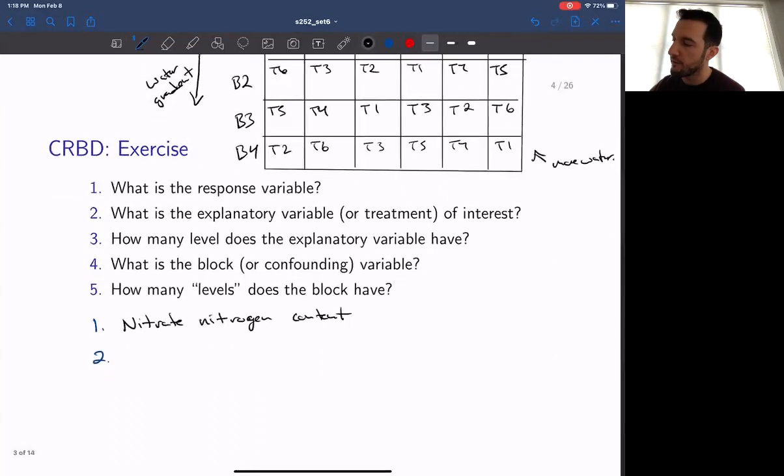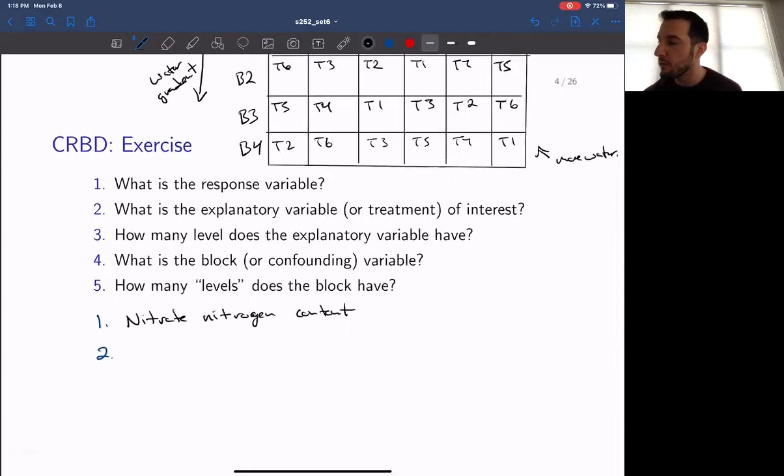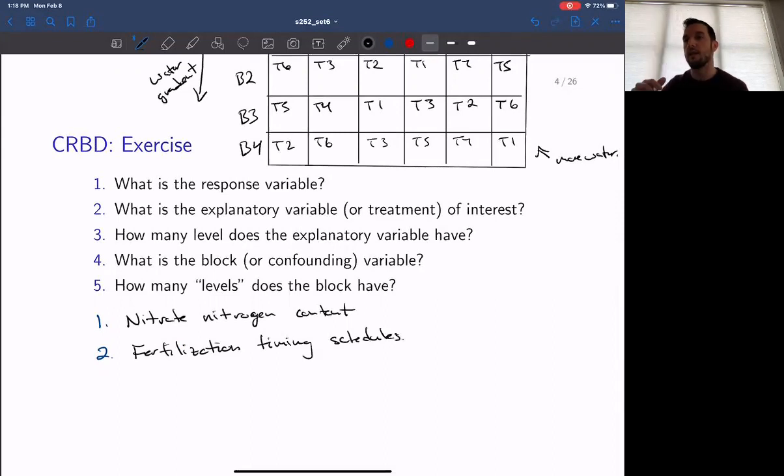What is the explanatory variable of interest? The explanatory variable is the variable that we want to talk about. So this is going to be the fertilization timing schedules. So again, with one-way ANOVA, we would basically be asking, is there evidence that the average nitrate nitrogen content is different across the levels of the fertilization timing schedules?